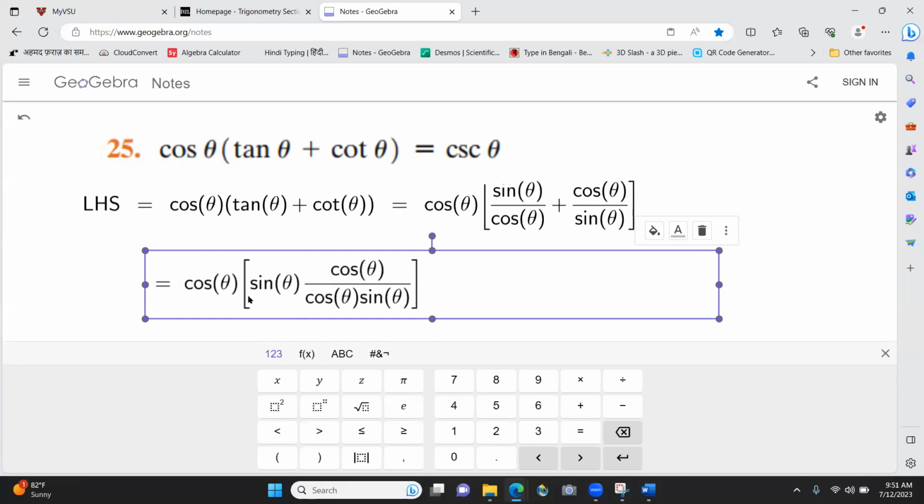And I had a sine theta here, so I'll actually get a sine squared theta. All right.